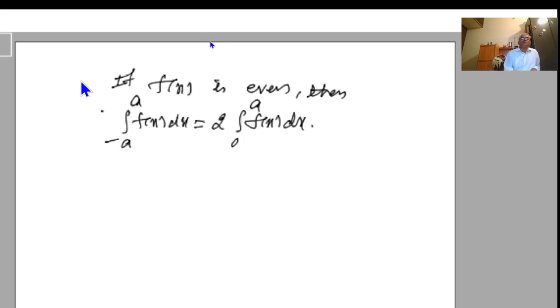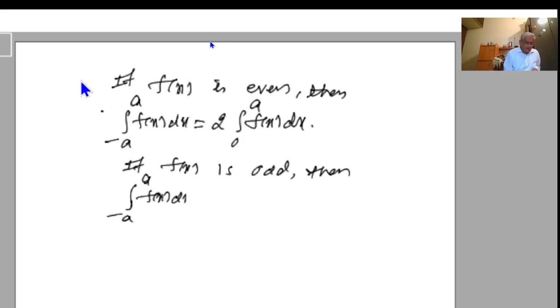This is one property. And if f of x is odd, then the integral from minus a to plus a of f of x dx is equal to 0.